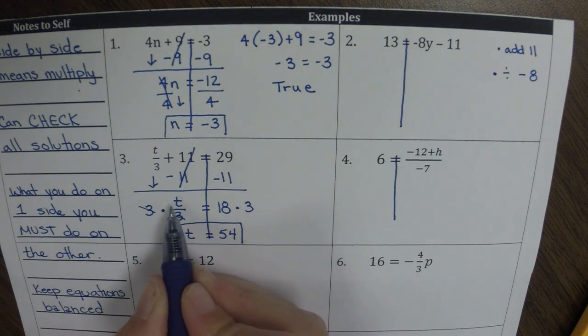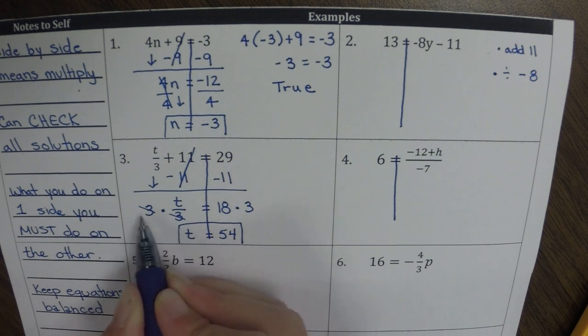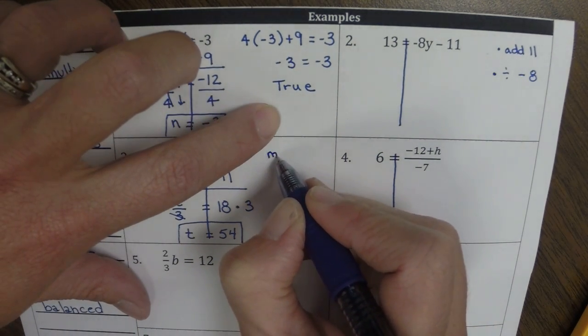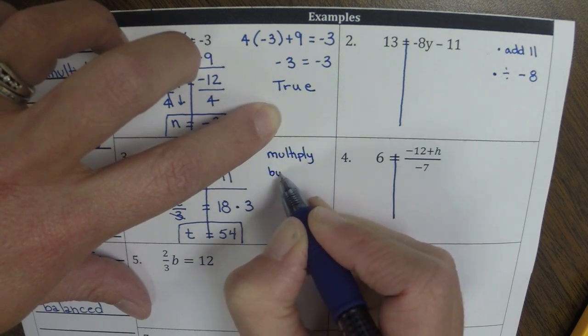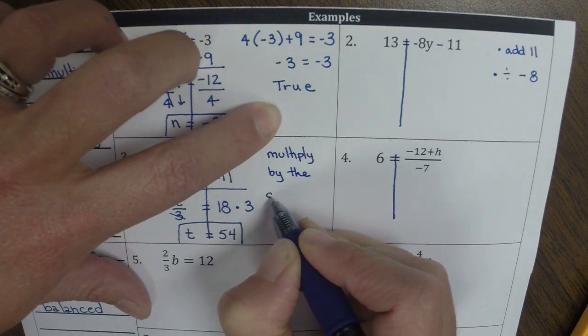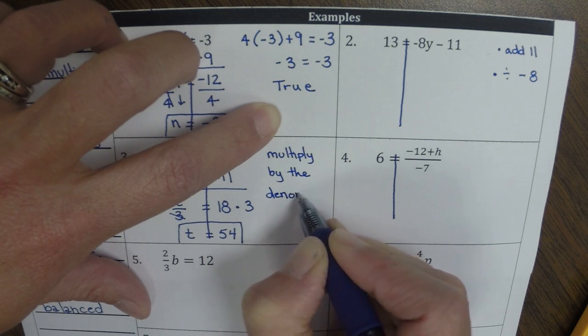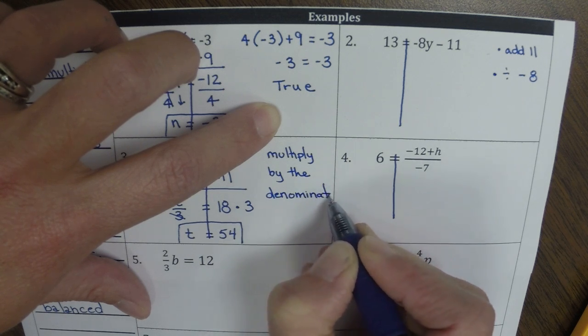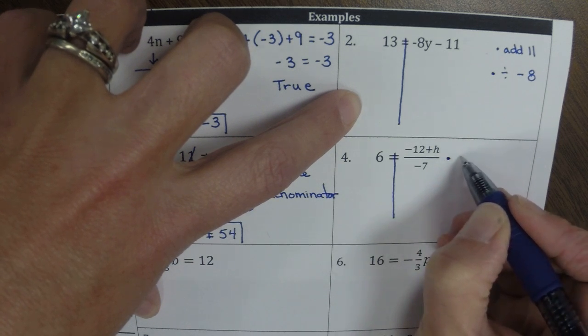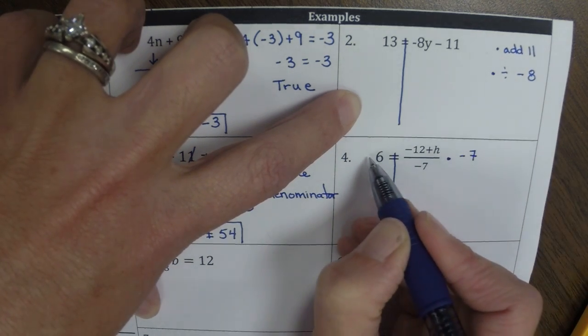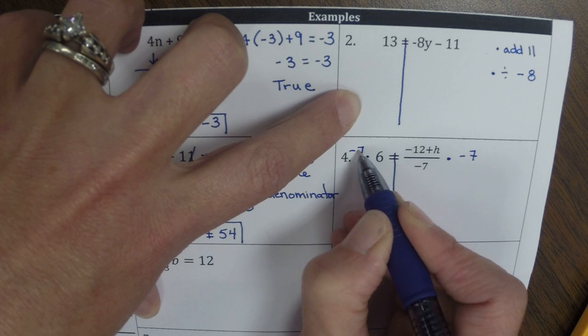Just like over here when I had division, the next step was to multiply by the denominator. Okay, and again, that's what we did. Multiply by the denominator. Again, denominator is just a fancy way to say the number on the bottom of a fraction. So here, if I multiply by negative 7, I have to do the same thing on this side.